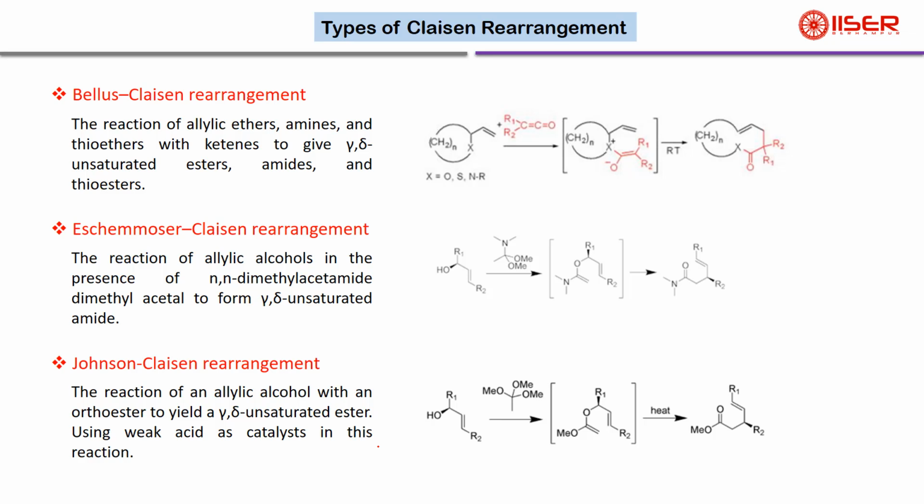So instead of the intramolecular one, if it reacts with a ketene type of molecule like this one, there is a heteroatom, forming this as our intermediate.